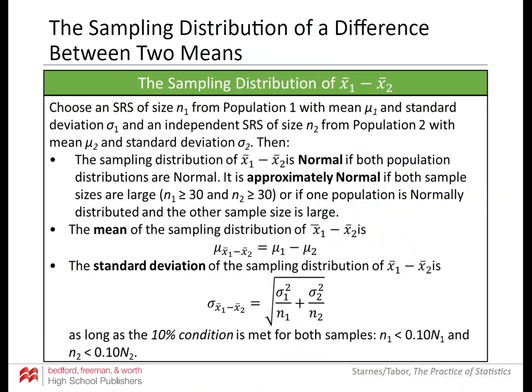Or if we have a combination. So if one population is known to be normally distributed and the other sample size is large, then our sampling distribution is normal as well, or approximately normal.